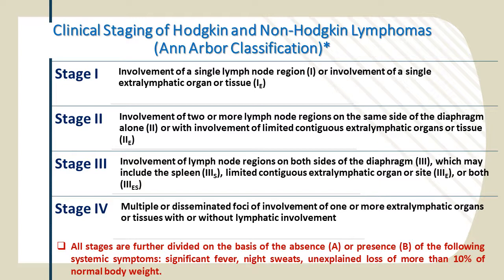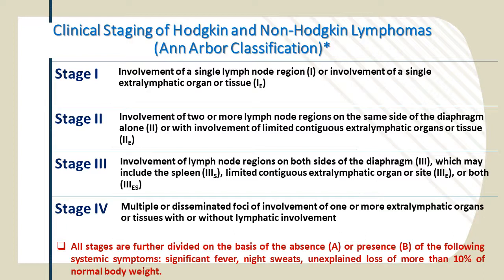Stage 3 is characterized by the involvement of lymph node regions on both sides of the diaphragm, which may include the spleen, limited contiguous extralymphatic organ or site, or both. The final stage is stage 4, with multiple or disseminated foci of involvement of 1 or more extralymphatic organs or tissues, with or without lymphatic involvement.